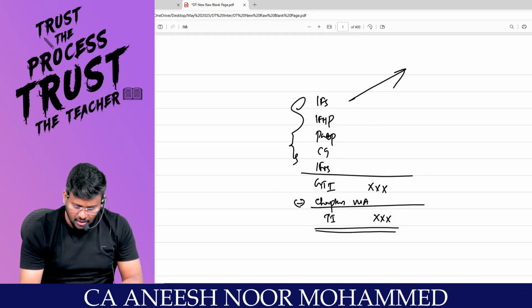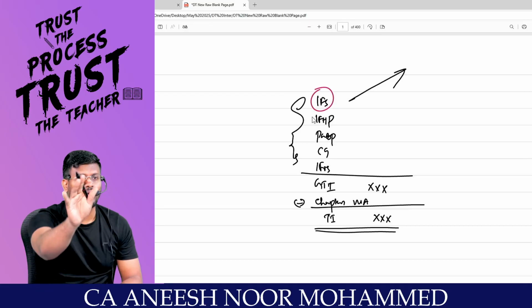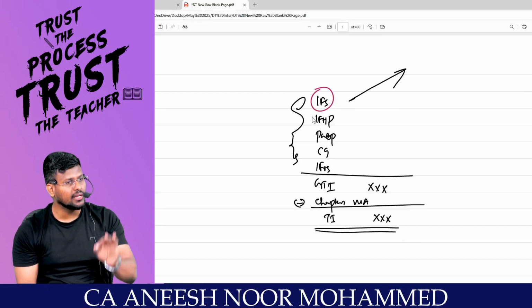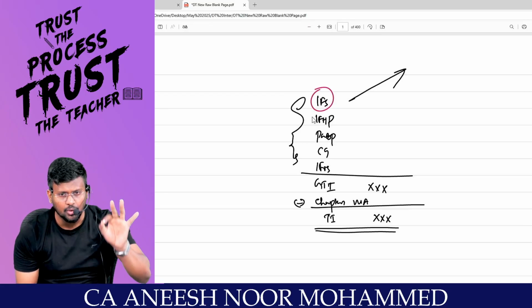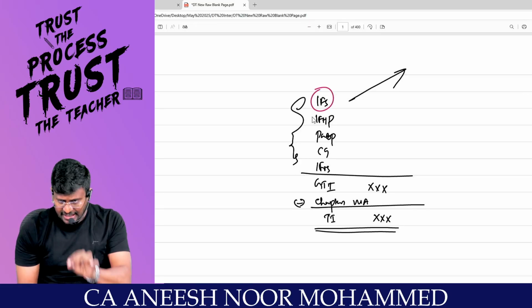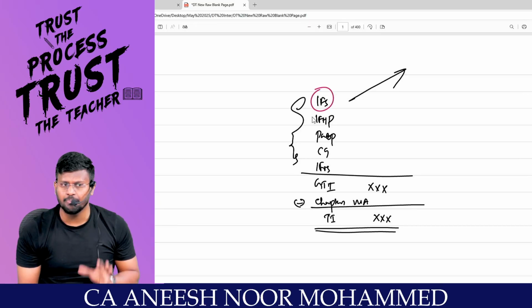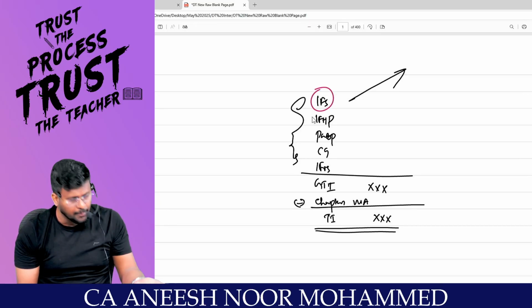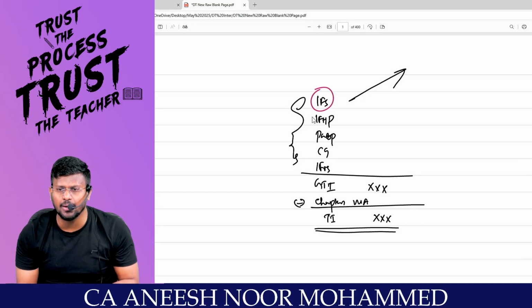Taxable salary will go and sit in the income from salary. Are you all really with me for the introduction of the chapter income from salary? That is the reason I am first starting with the salary chapter, because in the gross total income, the first head is income from salary.